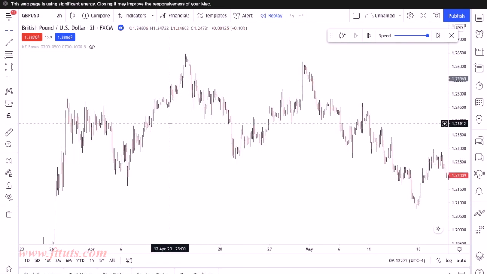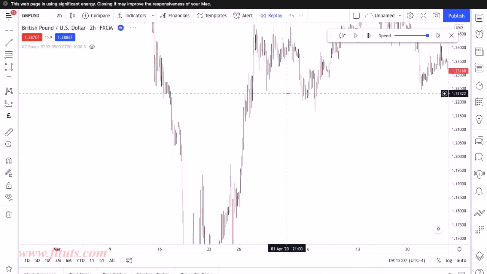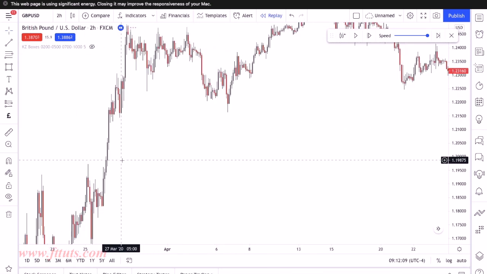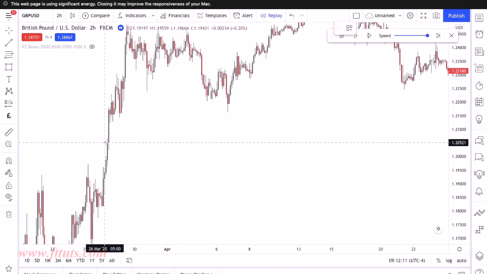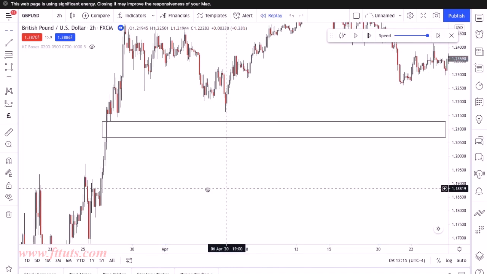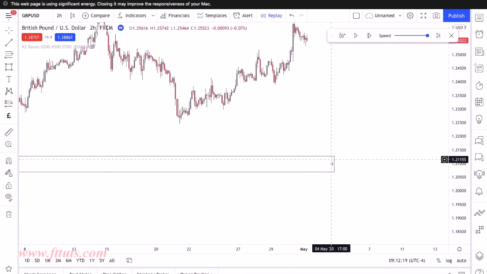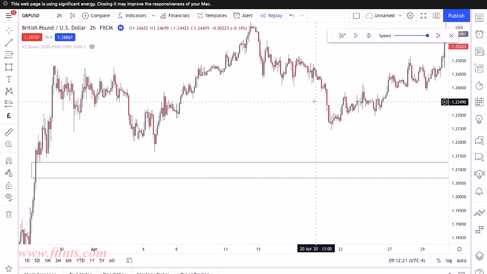Now, GU. Let's look at the bigger picture, right? Let's replay price here. What can we identify already right over here? All of this imbalance, right? So there is imbalance down here that still needs to be filled, right? Cool.